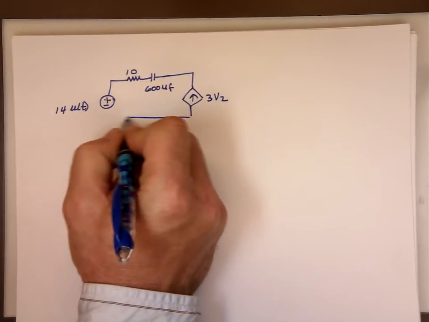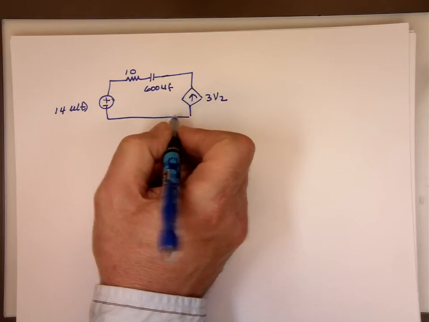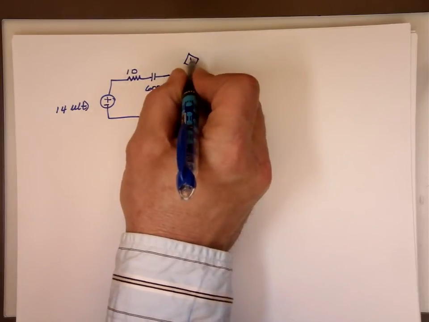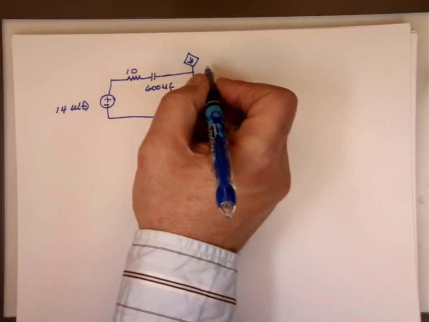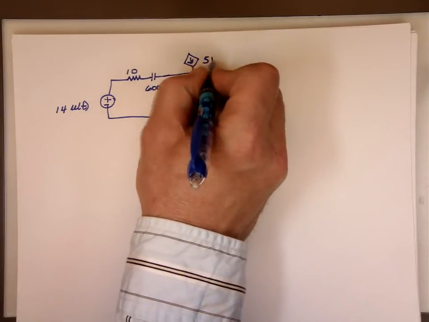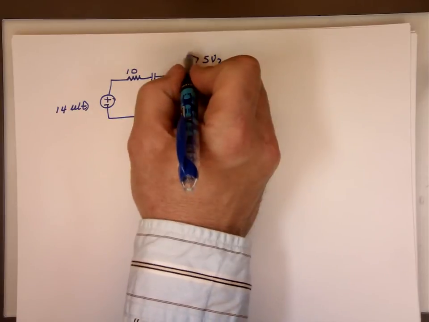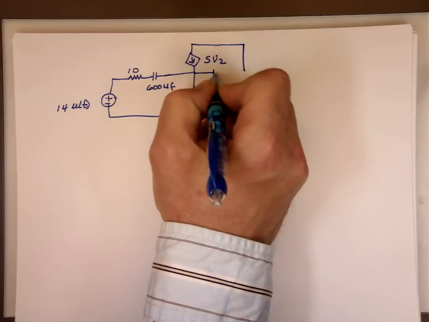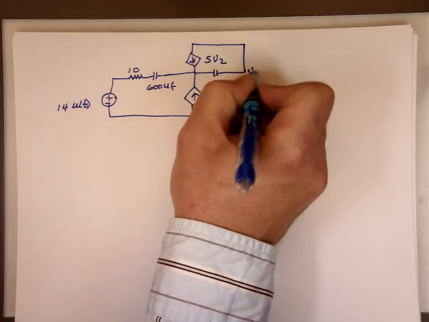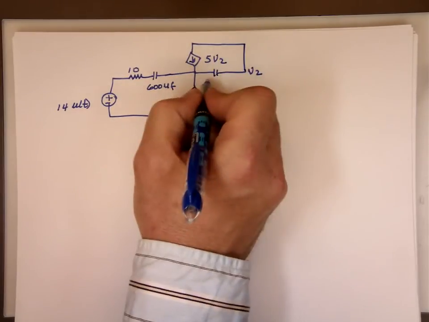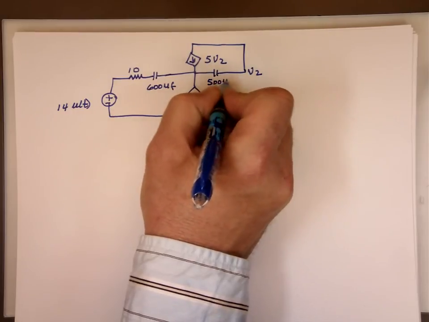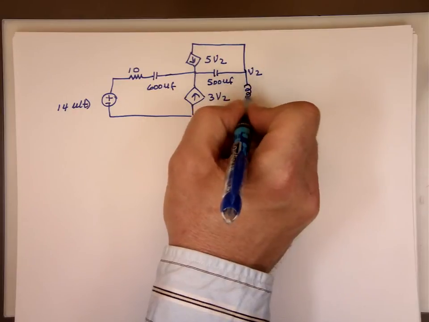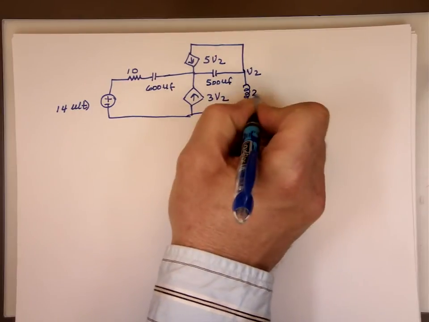The ground is on the bottom, I'm just not drawing it here. There's a current source pointing down, 5 times V2. This is V2 right here, 500 microfarad, and 2 millihenry.